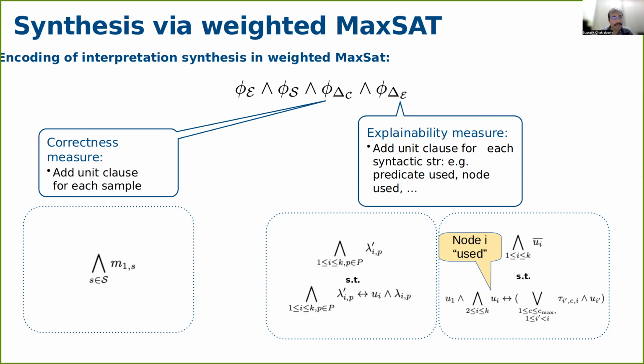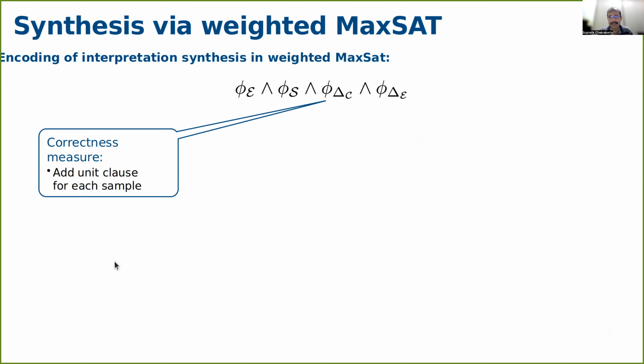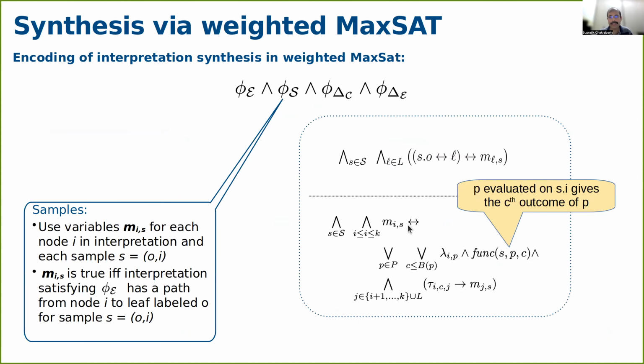No, if there is a path, then this is true, right? Because that's how we defined it. If there is a path, then MIS, if and only if. So MIS will be true as long as it is labeled by a certain predicate, and for that predicate, when I feed the inputs from sample S, I go to the cth child. It's like the sample S may say time of day is 9 a.m., and the predicate or feature might say, okay, what is the time of the day?